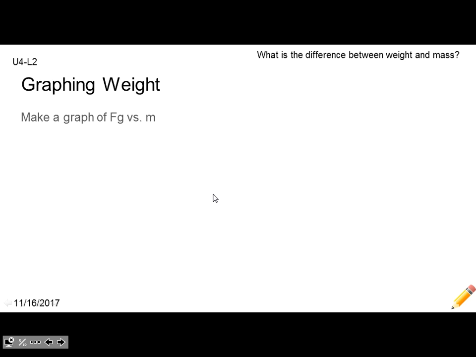All right, so what kind of graph did you come up with? What would that function look like? So Shakira, what do you think? Well, what is our formula here? Fg equals m times g.